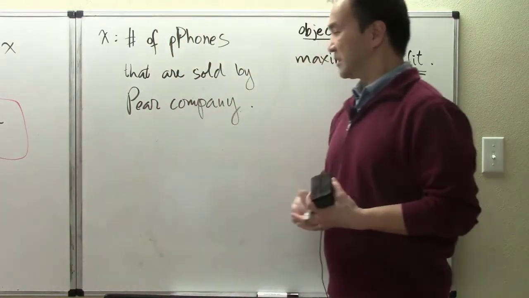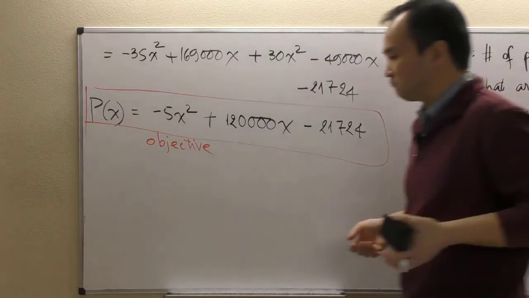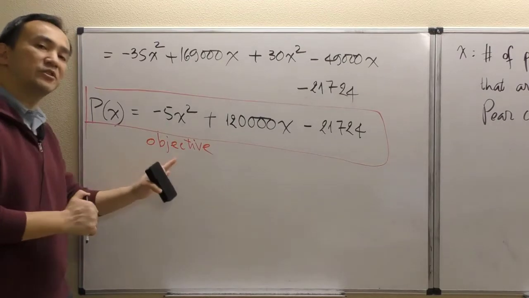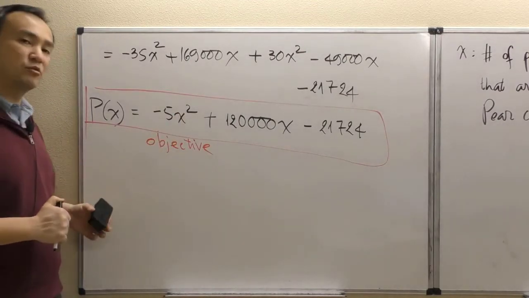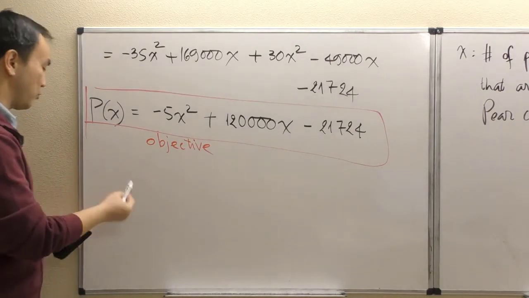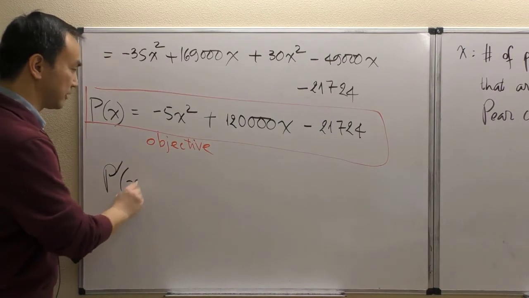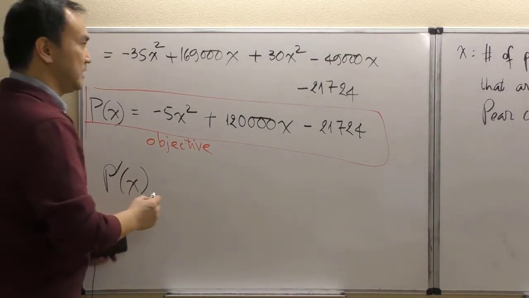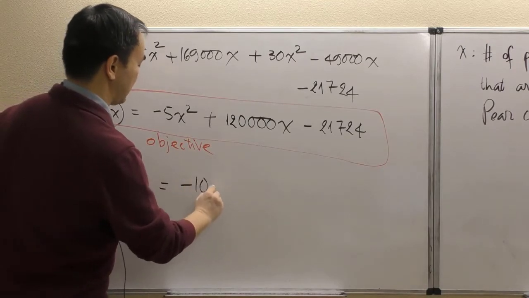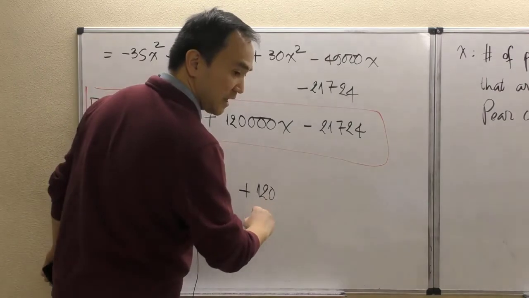All right, and as a standard first step in finding the maximum or minimum of a found objective function, we are going to take the derivative of our objective function. In this case, it gives me minus 10x plus 120,000.